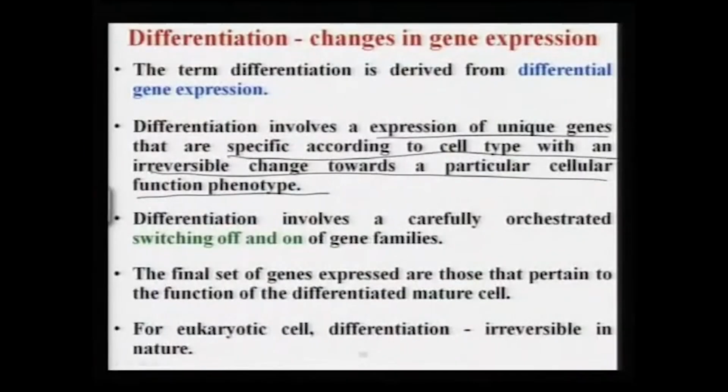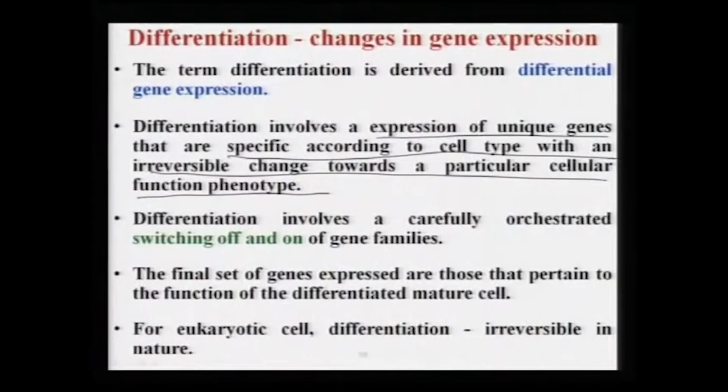This is a very bookish type of definition, that it involves the expression of unique genes specific to the specific cell type. That means for osteoblast it is different genes, for chondrocytes different genes, for fibroblasts different genes, which are responsible for the differentiation process. Differentiation also involves a carefully orchestrated switching off and on of gene families.